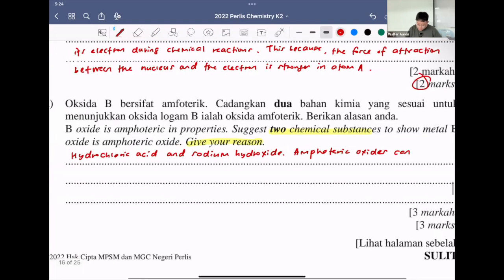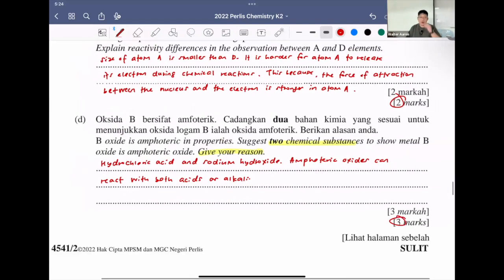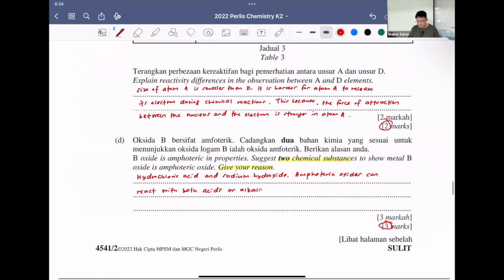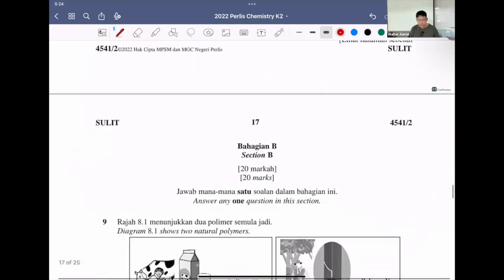I'll give you 1 mark extra. So 2 marks for the substance that you suggest, and then finally give a reason why. So therefore I got 3 marks over here. So that's done. That's pretty much all for question number 8.